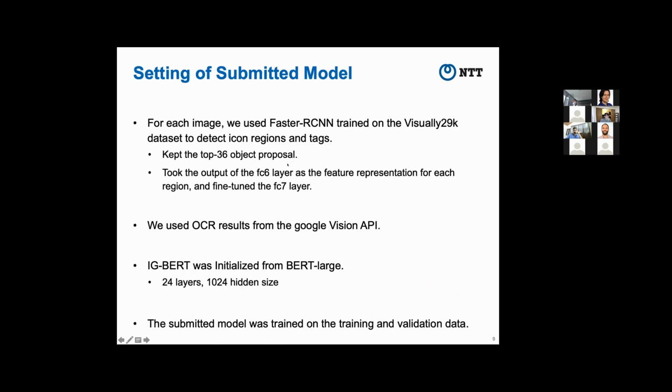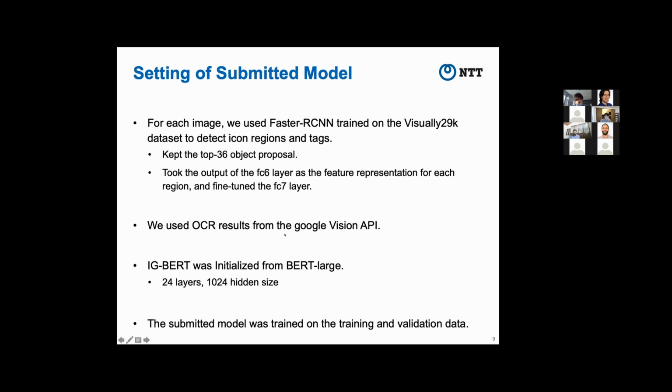This is the setting of our submitted model. For each image, we first use a CNN trained on the Visual Genome dataset to detect icon regions and tags. Specifically, we kept the top 36 object proposals and took the output of the FC6 layer as a feature representation for each region and fine-tuned the FC7 layer.